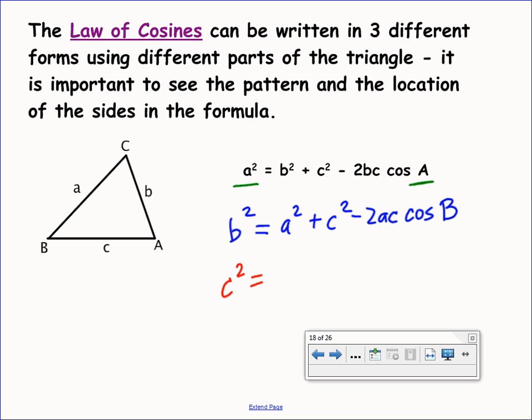Well, I have the other two: a squared plus b squared, and then minus 2 times a times b times cosine of angle C. And so the opposite side angle pair again drives the party, whether we're using law of sines or law of cosines. If I have an opposite side angle pair known, then I use law of sines. If I don't have an opposite side angle pair known, then I use law of cosines. Awesome.